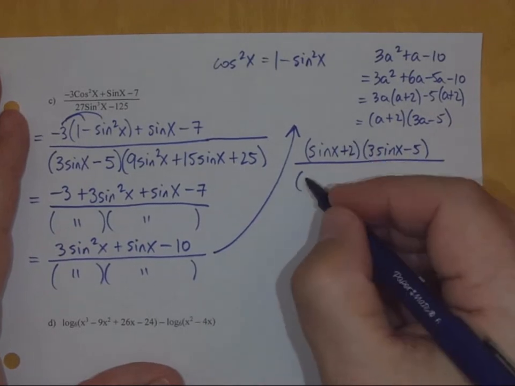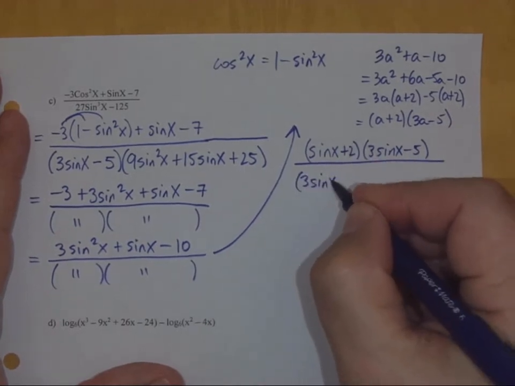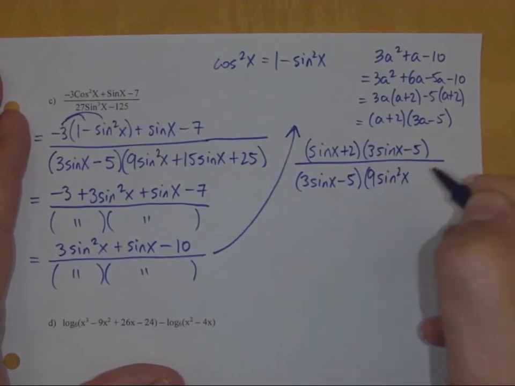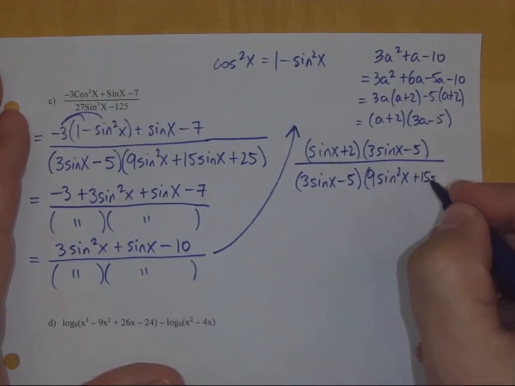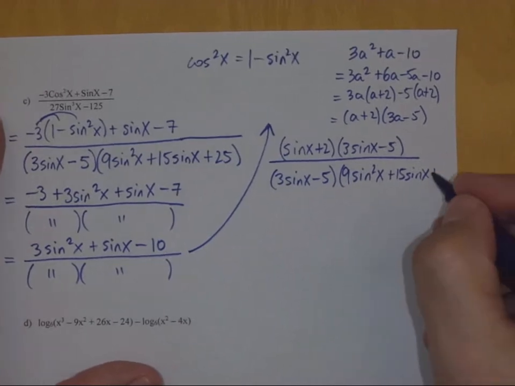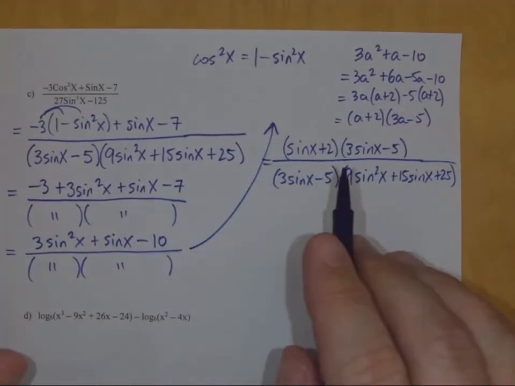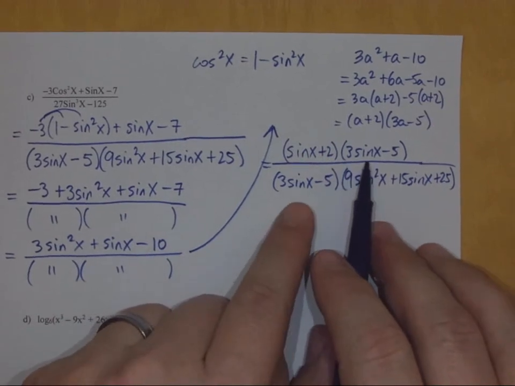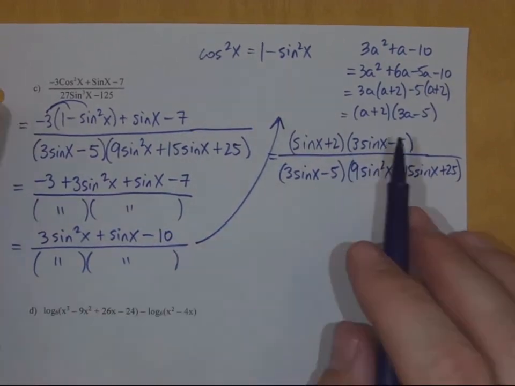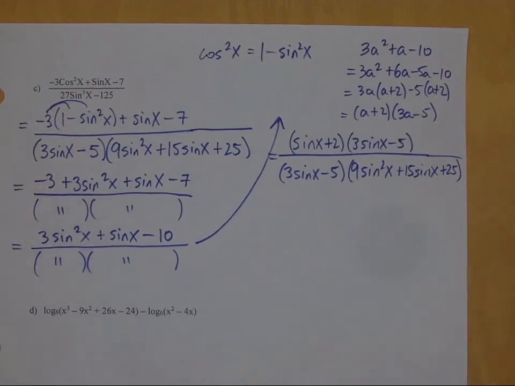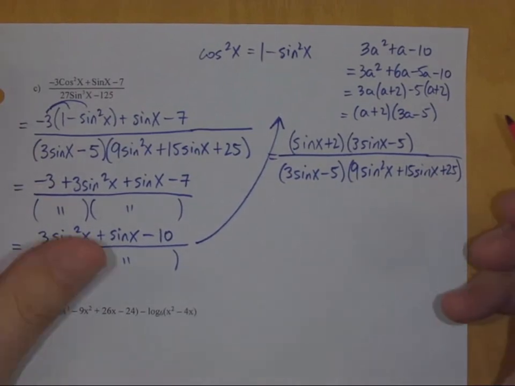and this time I won't cheat, 3 sine x minus 5 times 9 sine squared x plus 15 sine x plus 25. I'm looking at this factored version now and thinking to myself, is there anything factor-wise on the top and bottom that I can reduce that would give me the exact same answer?